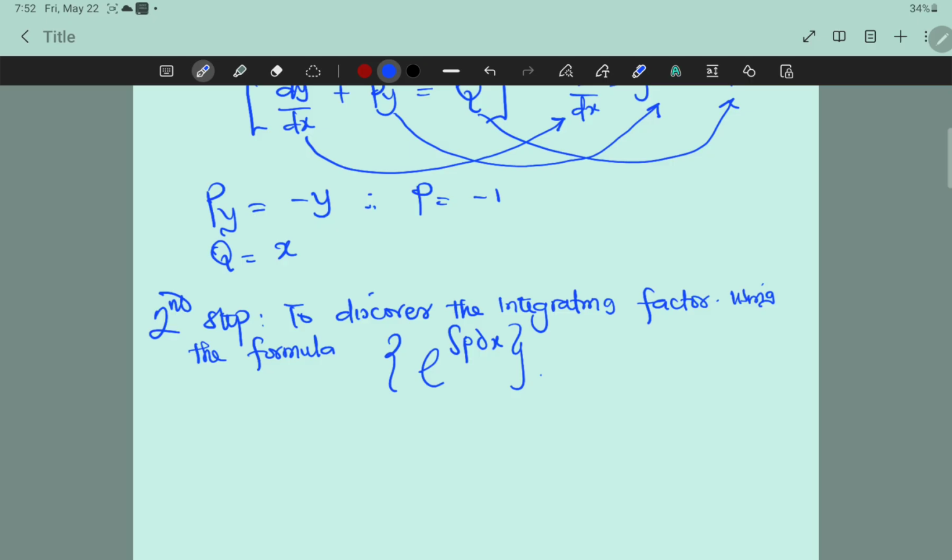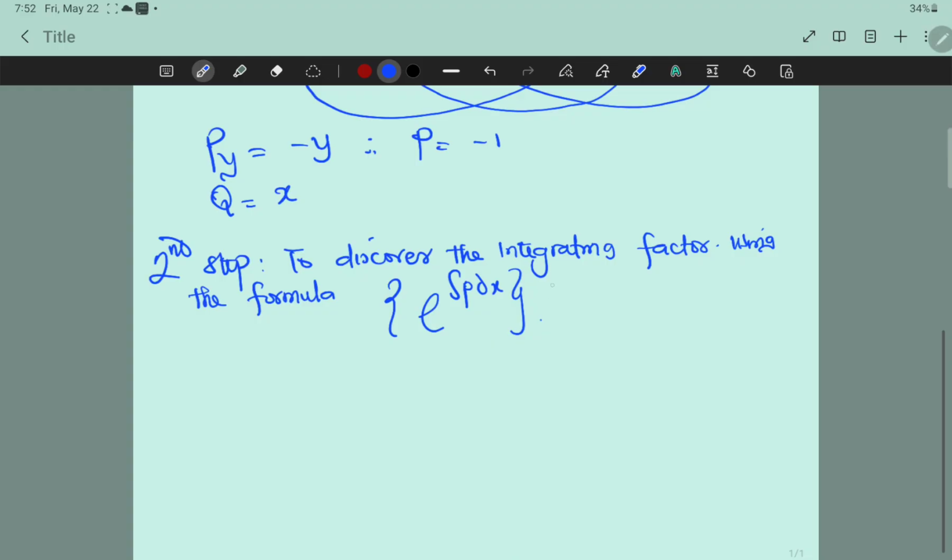Because p is negative 1, the integral of p dx is the integral of minus 1 dx, which is negative x. So the integral of p dx is negative x.